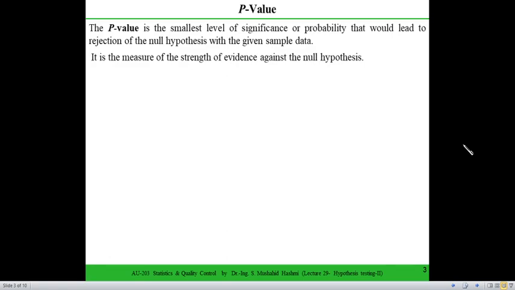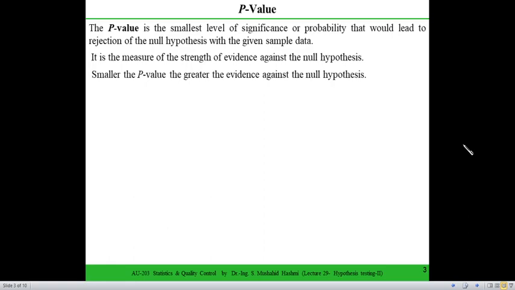So basically it is a measure of the strength of the evidence against the null hypothesis. Depending upon the p-value, we can be certain about how strong the evidence is in order to reject the null hypothesis.